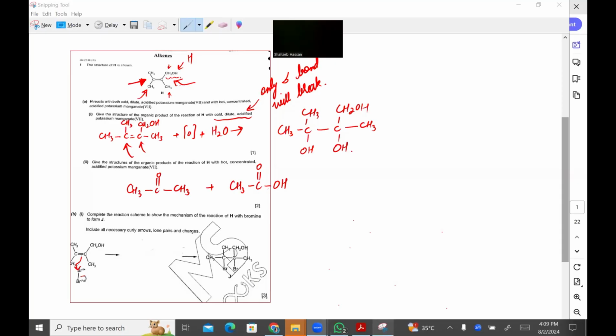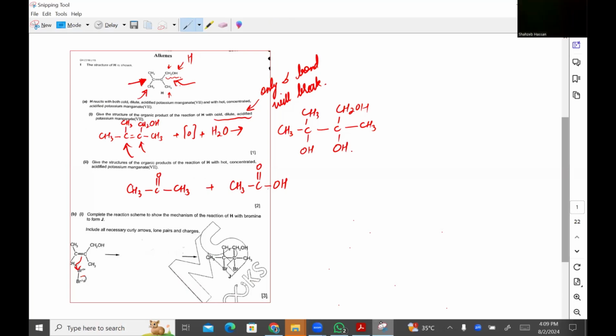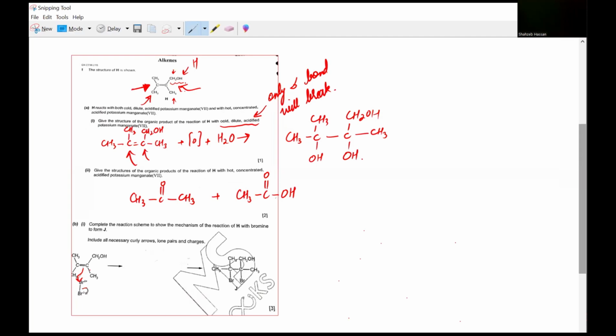So what is going to happen? The structure would become like this.